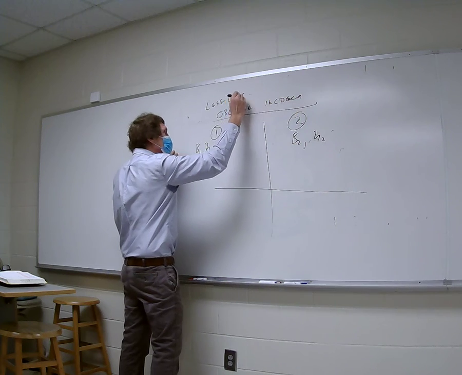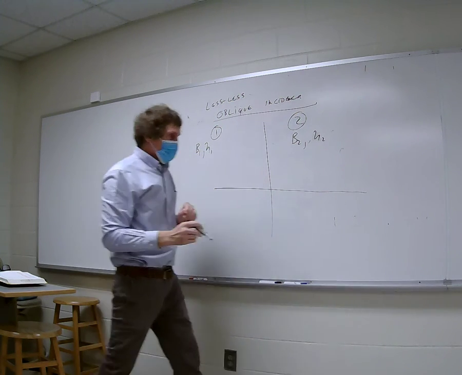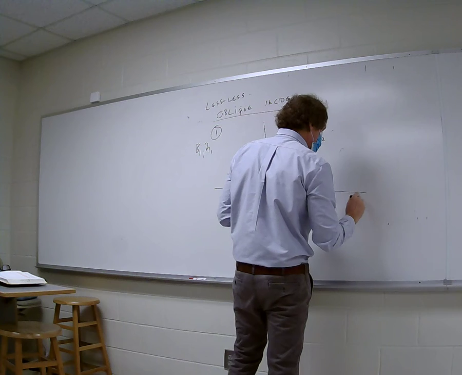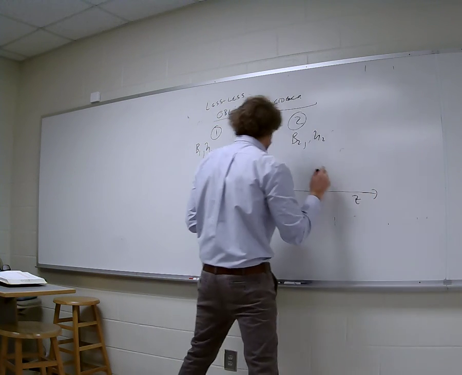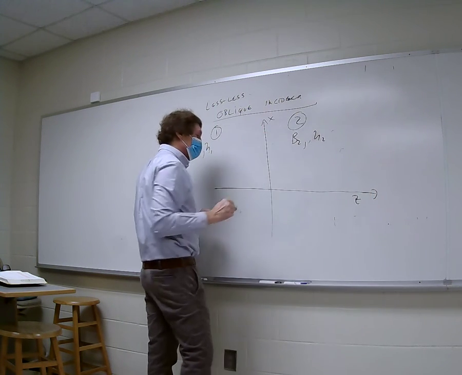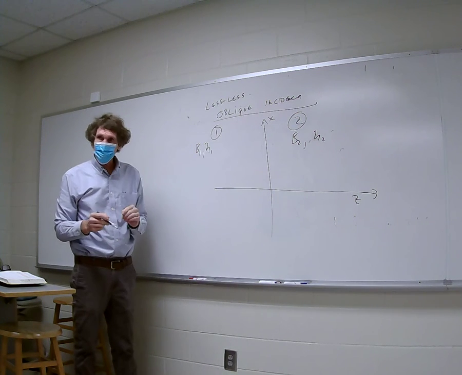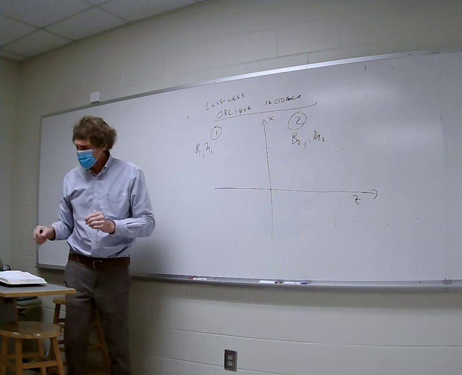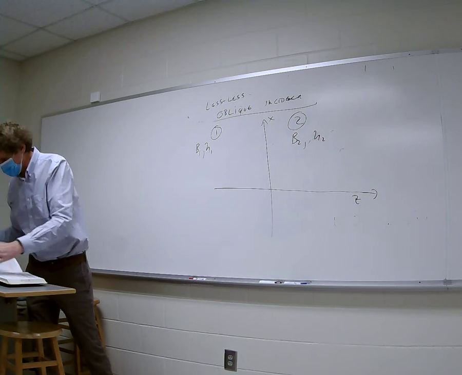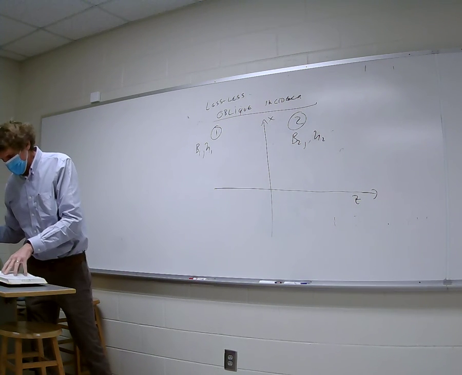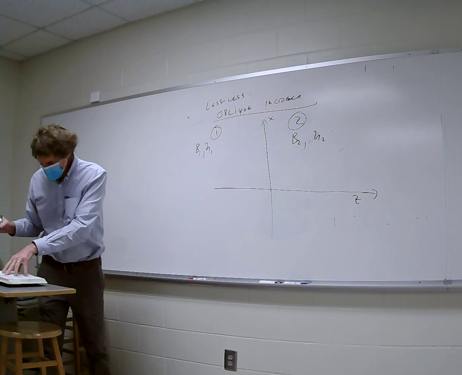And the reason is because it gets a little complicated. We're going to assume this is the positive z-axis. Assume this is the x-axis. And this is the center of the coordinate system. Now, if you look in his book, he has a picture in figure 6.20.